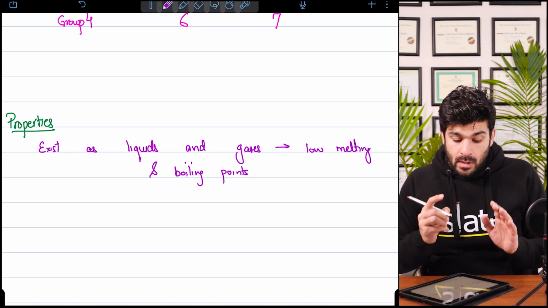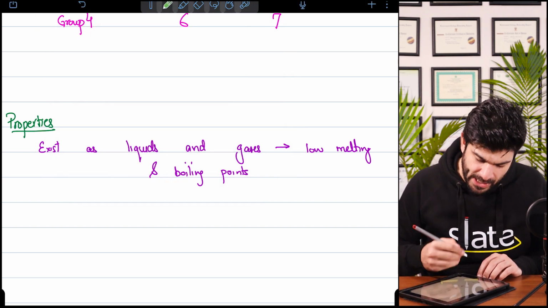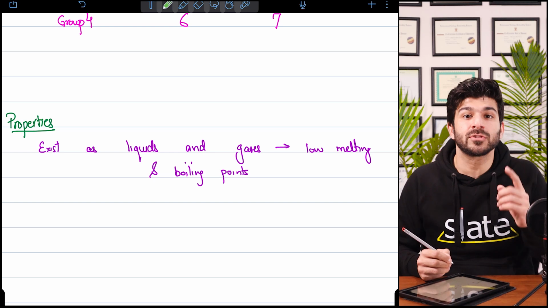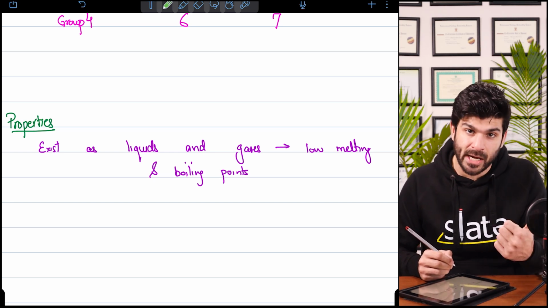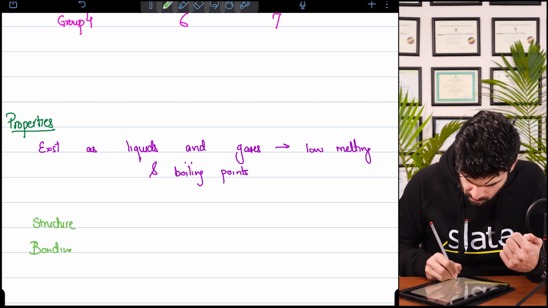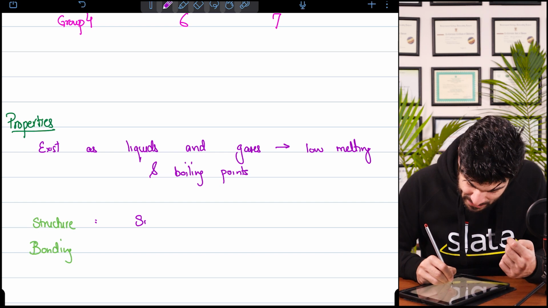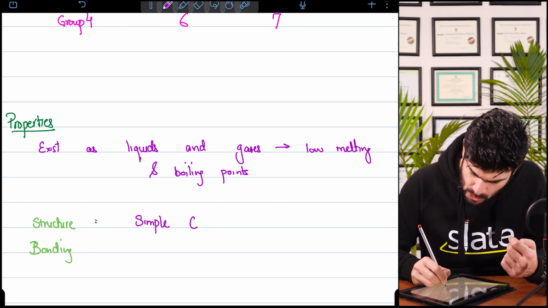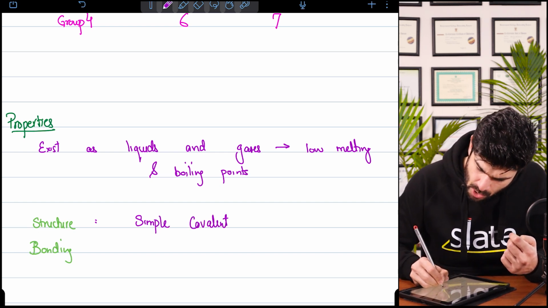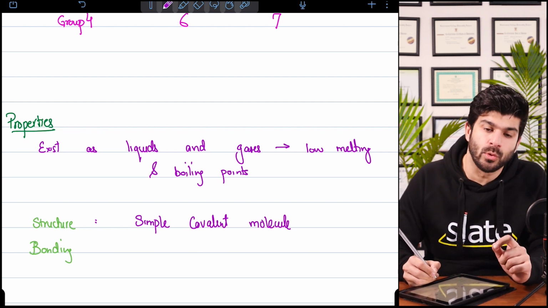But why is that so? They will ask you in the exam to define that, to explain it on the basis of structure and bonding, the way we did it in ionic compounds. So we call it a simple covalent molecule. It's a simple covalent molecule.